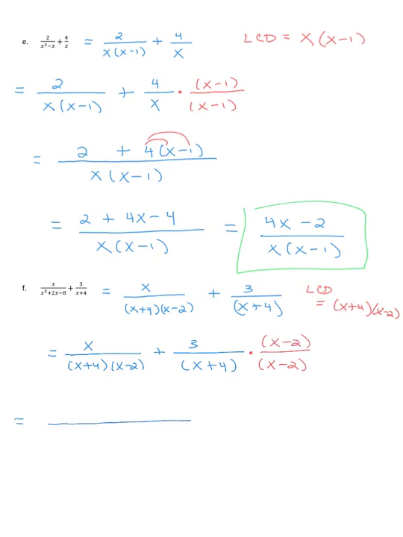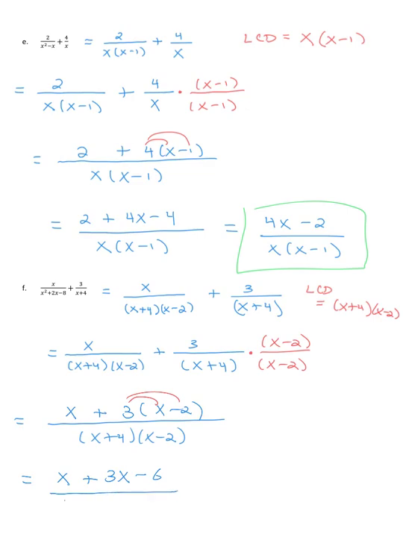I now have a least common denominator, the x plus 4 times x minus 2, and my numerator is going to be x plus, and then the product of these two things. So that was x plus 3 times x minus 2. I have to carefully distribute in the 3. So I get x plus 3x minus 6.